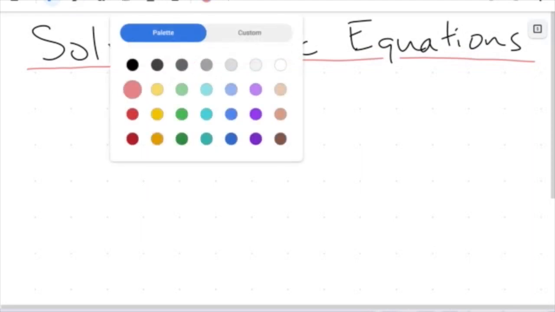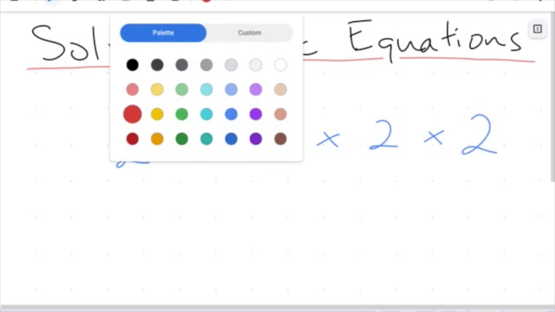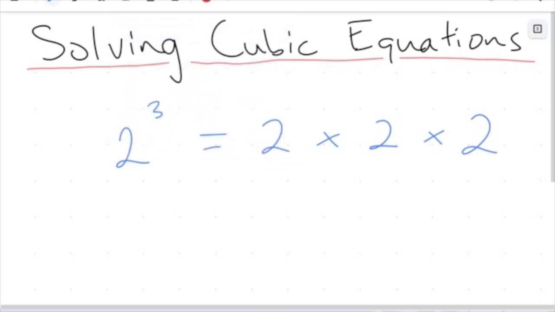Now let's just revisit what we mean by cubing a number. So for example, doing 2 cubed, this is just a shortcut way of taking 2 times 2 times 2. Now when we do these things, we have a base, some kind of base number which corresponds to the number that's multiplying by itself.